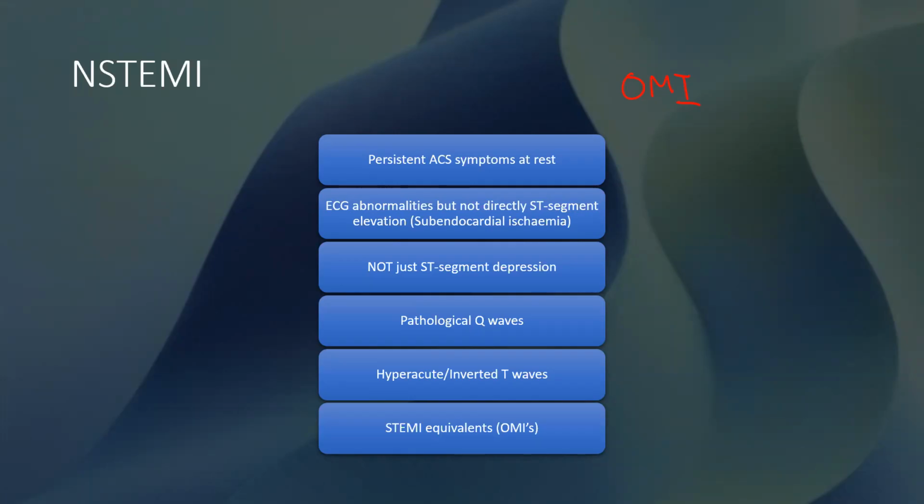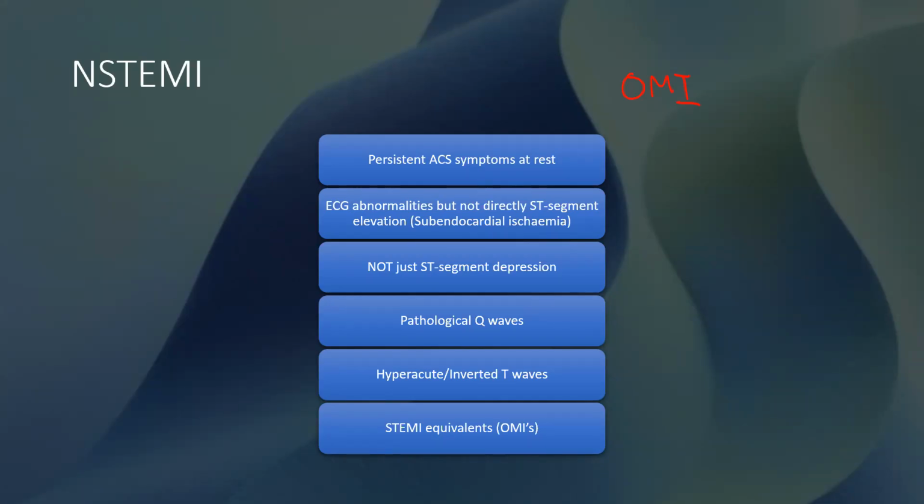When we're talking about NSTEMI, these are the things you want to look out for: your pathological Q waves, your hyperacute inverted T waves, and of course your STEMI equivalents, such as De Winter syndrome and all those, which I will show you quickly at the end of the presentation.